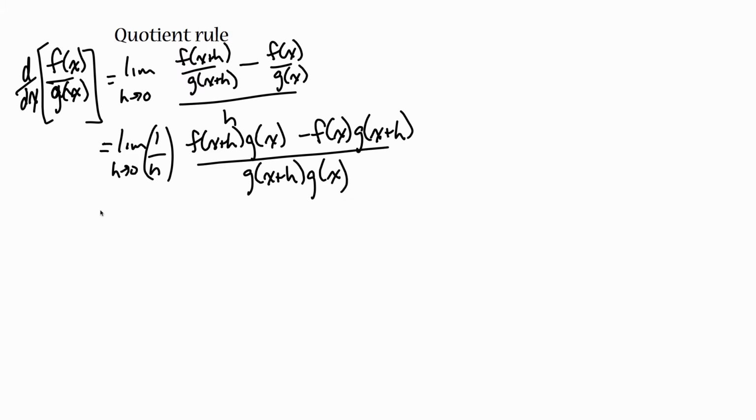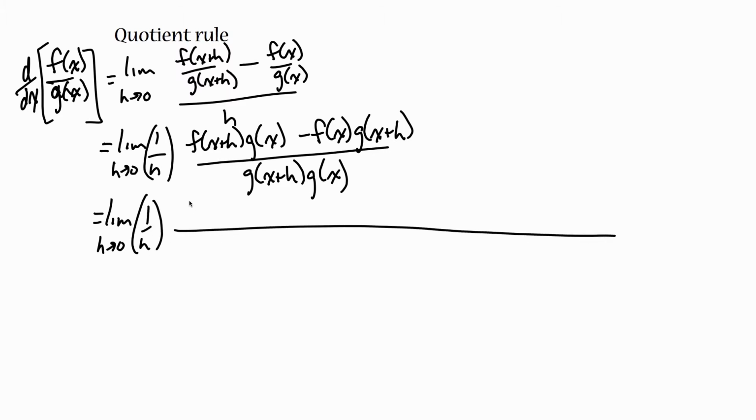I'm going to do that trick where I add and subtract the same thing from the top and bottom. So on the bottom we're still going to have g at x plus h times g at x.